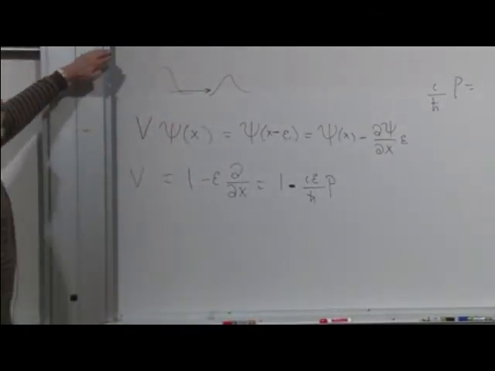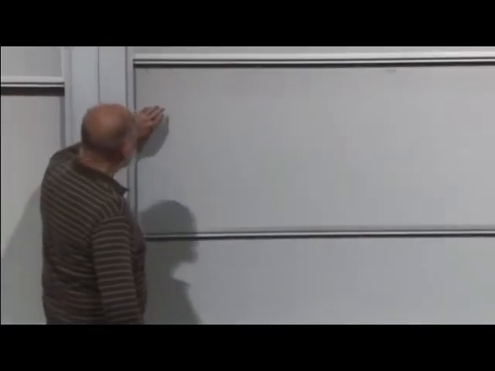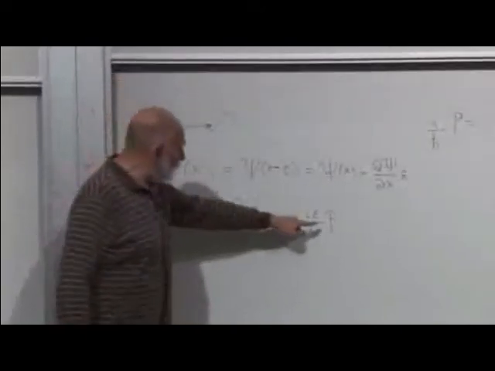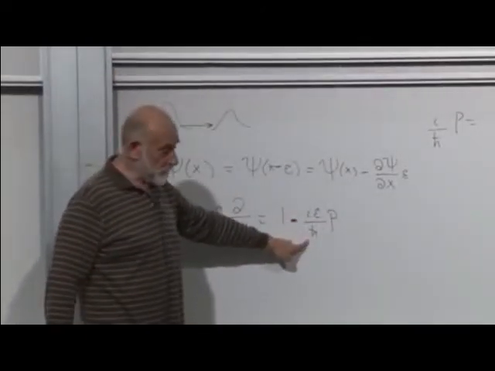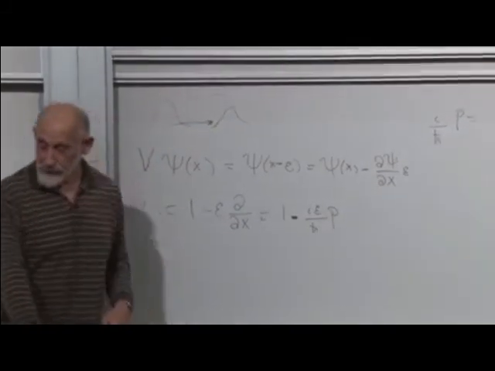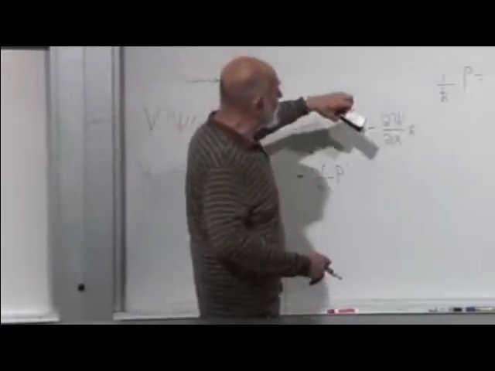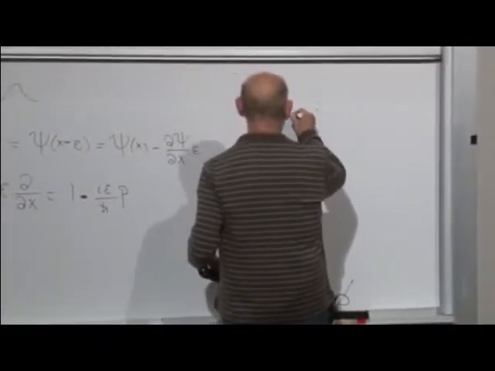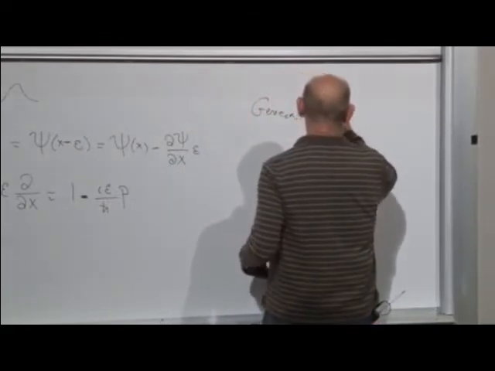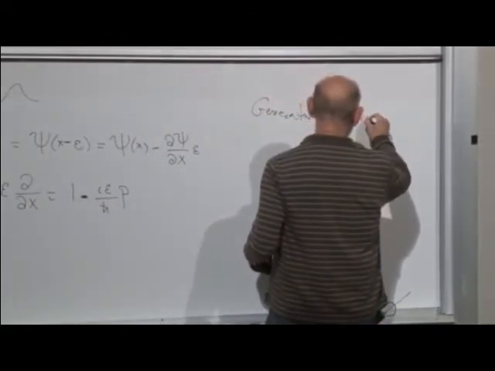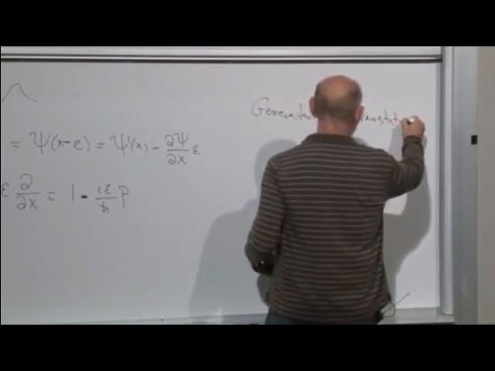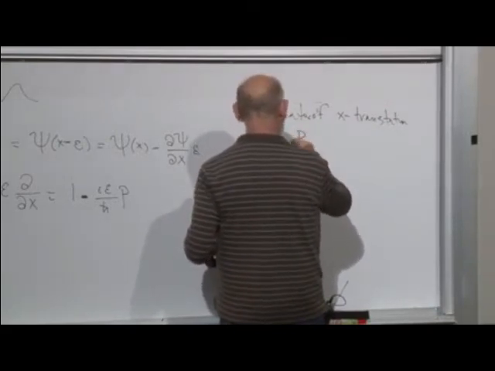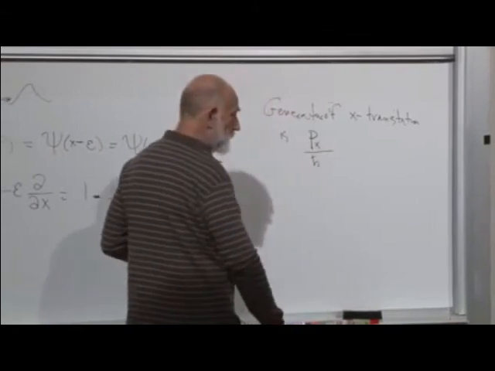Okay, so it identifies for us what the symmetry generator G is for translations. And what is it? It's the momentum divided by Planck's constant. Here's the language: the generator of x translation is p sub x, strictly speaking, divided by Planck's constant.